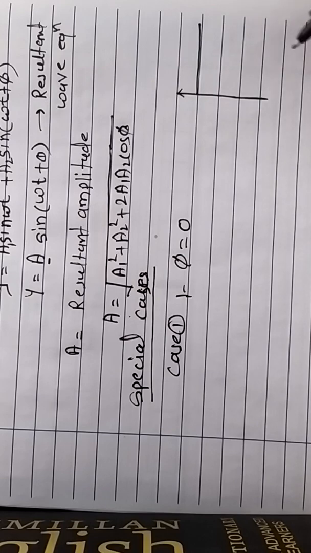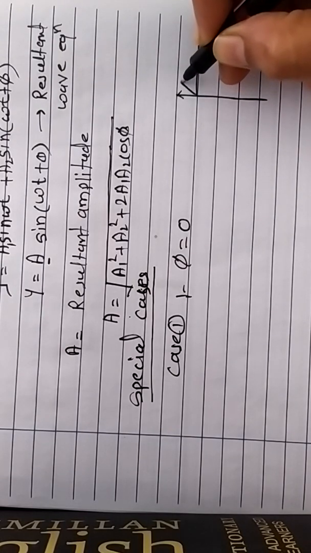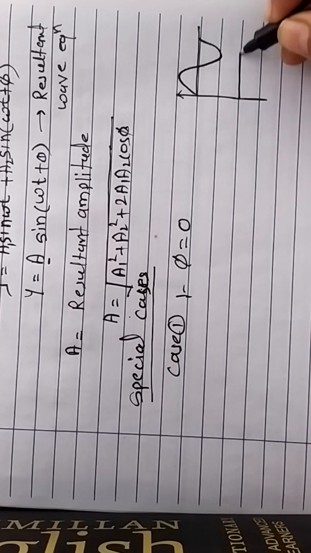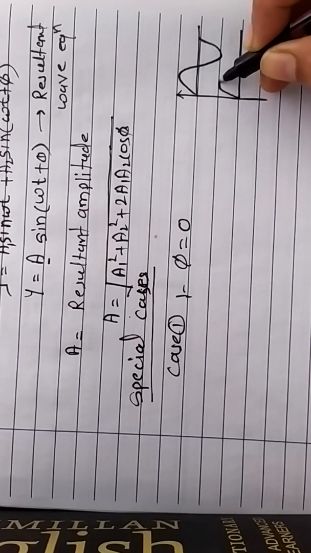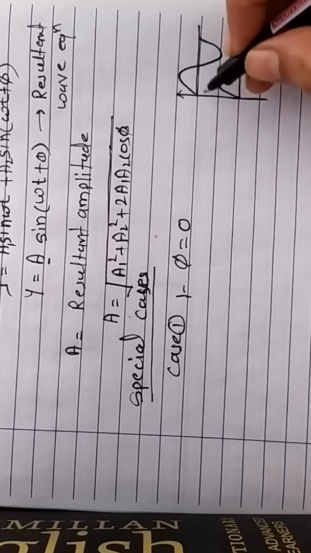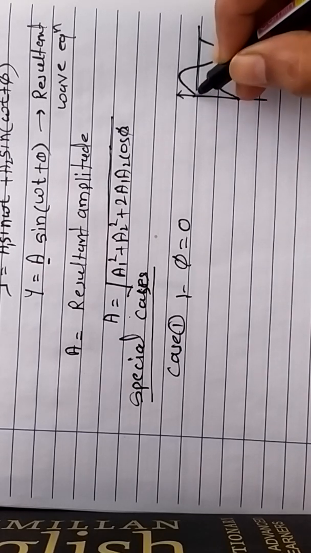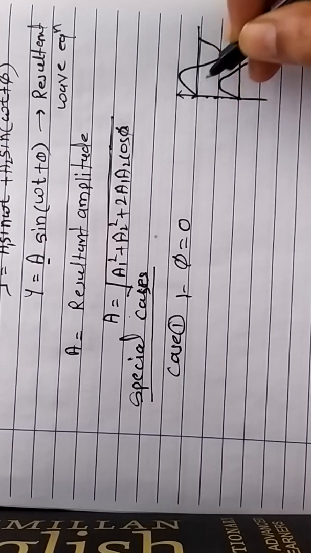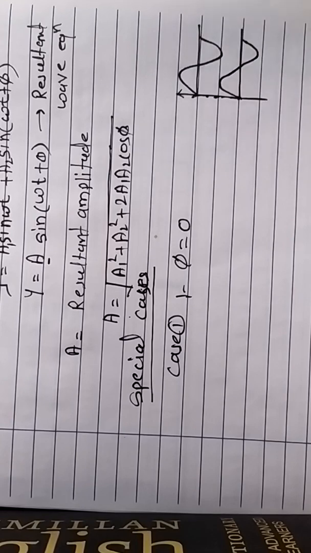Consider the two waves starting from the mean position, at the same common point, along the crest.